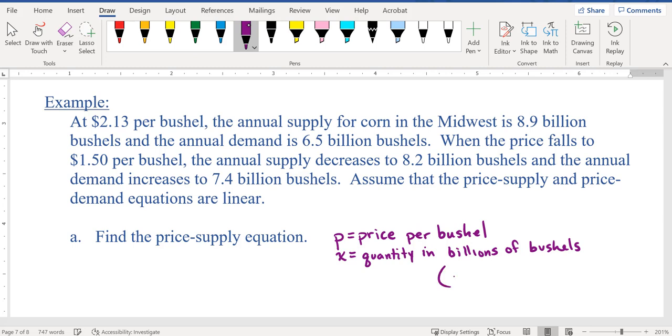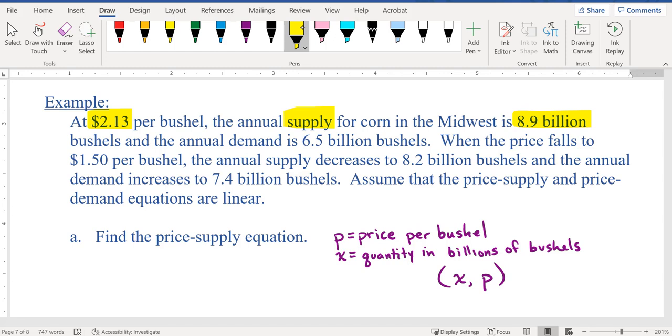So if I have x comma p, what are my price supply points going to be? It was $2.13 per bushel, the supply is 8.9 billion.